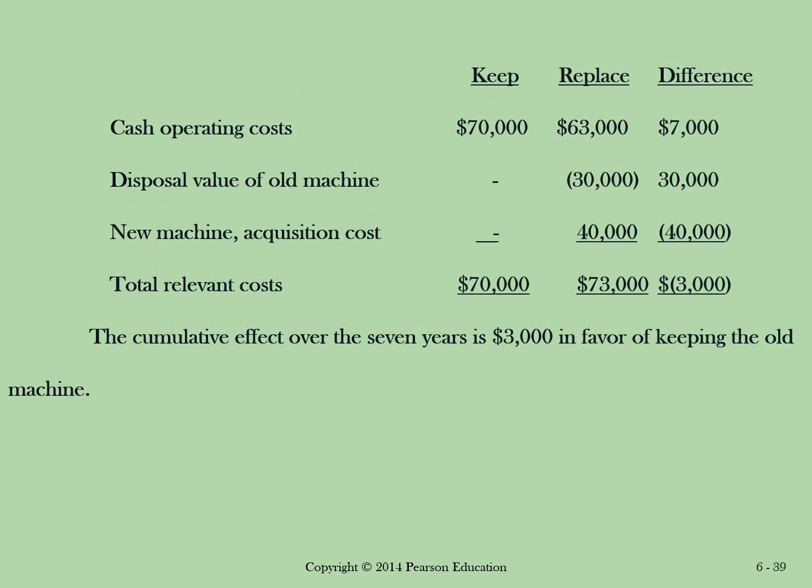So applying this, we will find that the cash operating cost is going to be favorable for the replacement part by 7 inflows, and the 30 for the disposal will also be favorable as inflows for a 37, but the acquisition cost will be 40. This means outflow, which is unfavorable, and the net is going to be 3,000, which is unfavorable to make that decision. So we are to keep the old machine or equipment and not to replace it with the refurbished one.